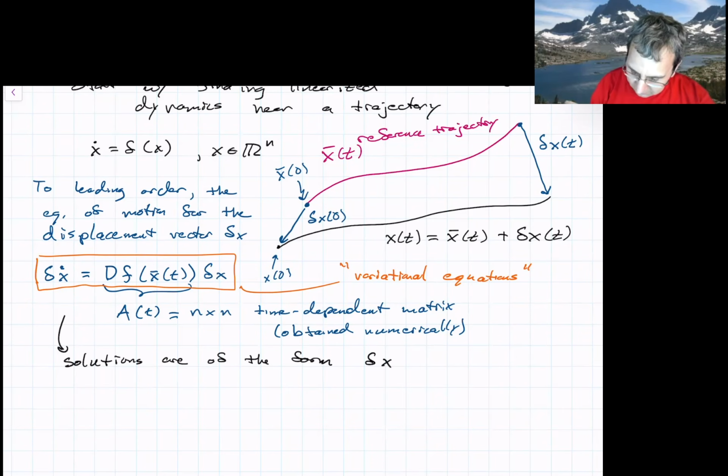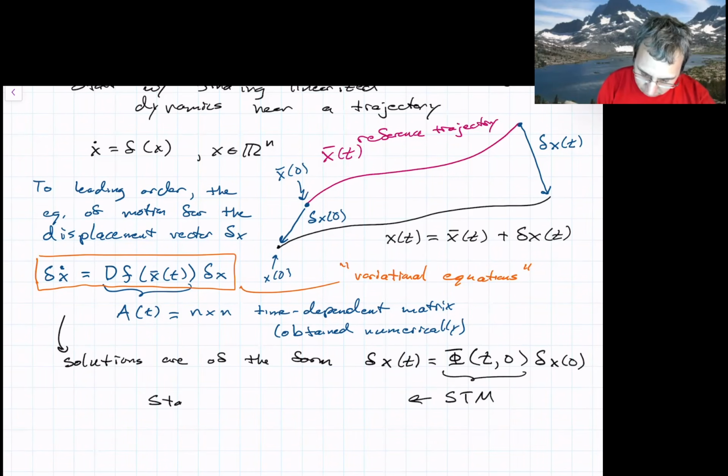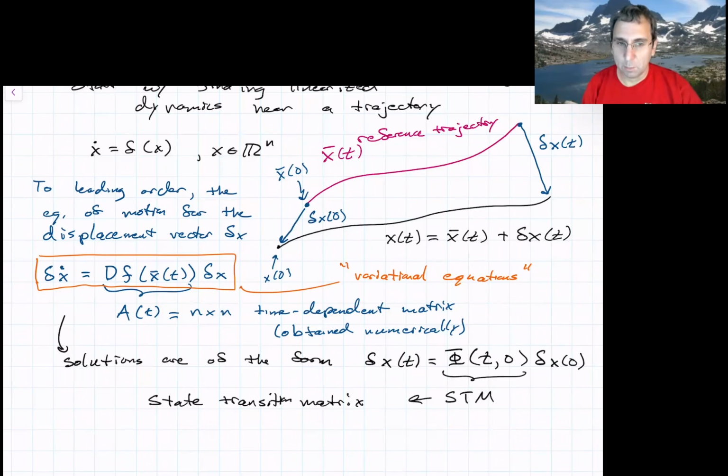delta x at time t is a matrix, I'll write it that way, capital Phi, times delta x at time 0. This is called the state transition matrix, or STM.